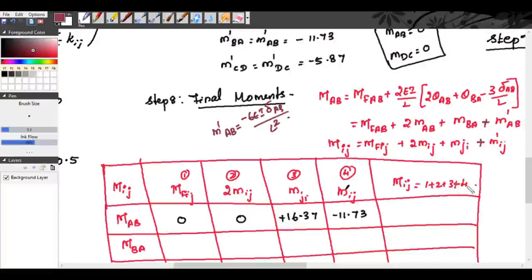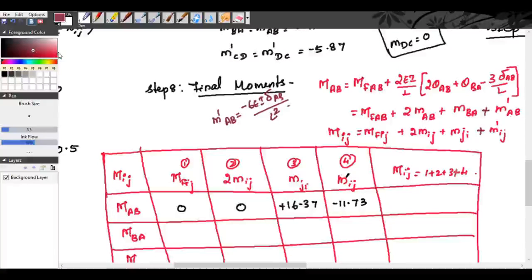So it is 1 plus 2 plus 3 plus 4. What we get is MAB is equal to plus 4.64.